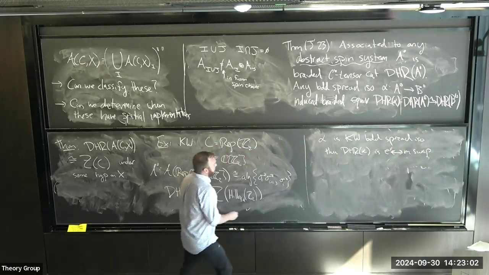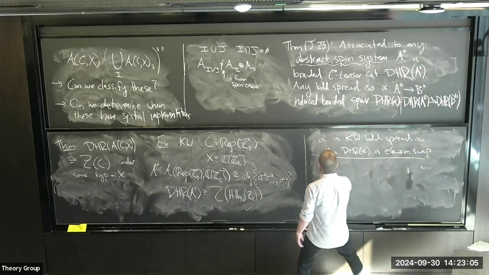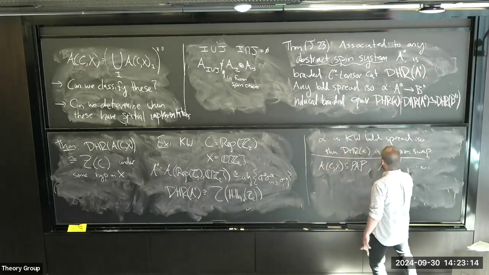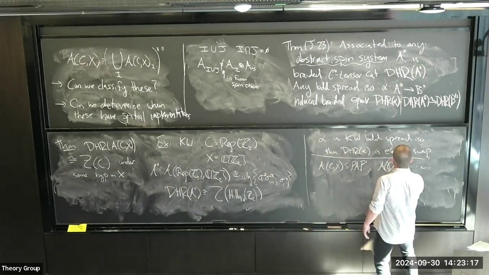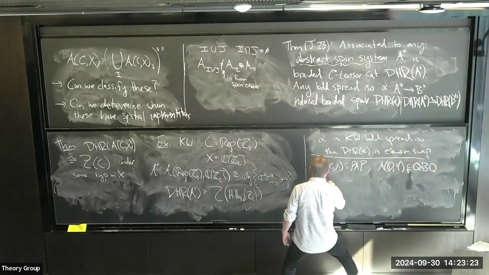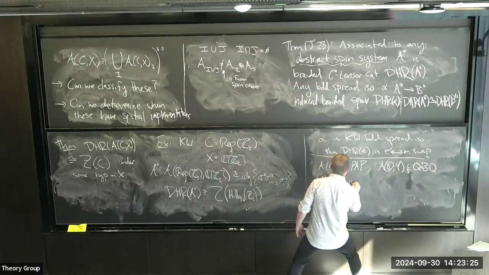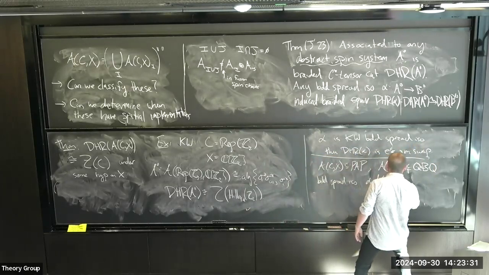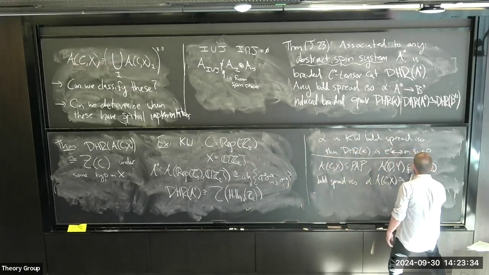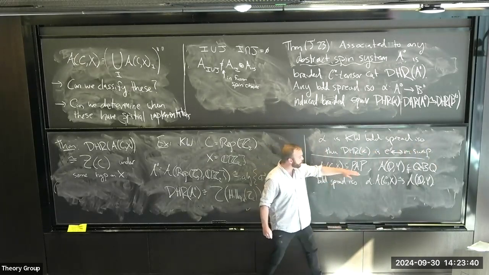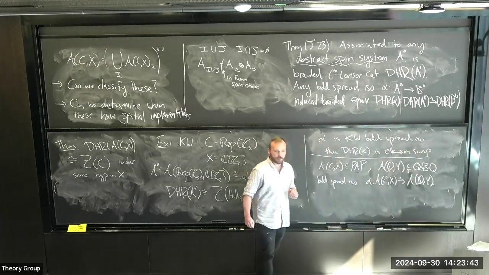But the second question was, suppose that I have my fusion spin chains A_C X sitting inside P A P and A_D Y sitting inside Q B Q. And I have a bounded spread isomorphism alpha from A_C X to A_D Y. And I want to know when I can extend this to a bounded spread isomorphism between P A P and Q B Q.